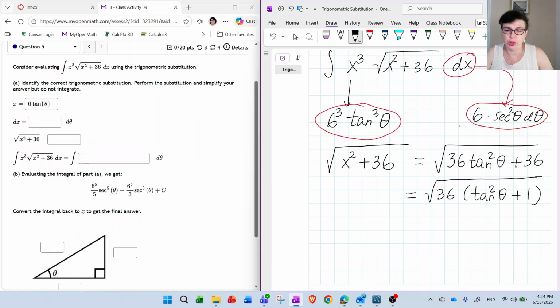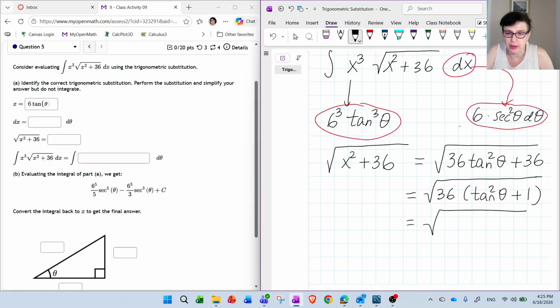Now, this is one of those trigonometric identities that you must memorize. You've got sine squared plus cosine squared equals 1. That's one of them. But there is another one which says that tangent squared plus 1 is secant squared. And that's what I'm going to use here. Because if at this point this wasn't tangent, if it was something like sine squared plus 1, it is not simplifiable, so it wouldn't work.